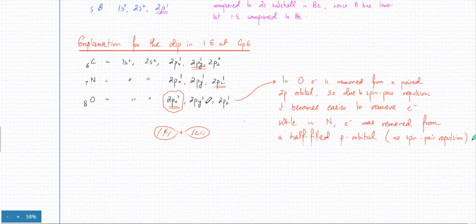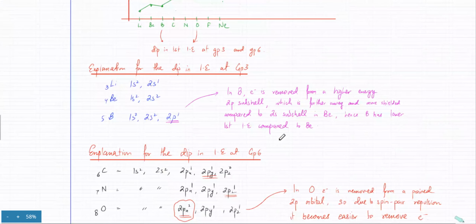But when you reach oxygen, you're removing an electron from a 2p orbital which is paired. Because of the repulsion, there are two electrons in the same orbital, they're repelling each other, so it becomes easier to remove an electron.